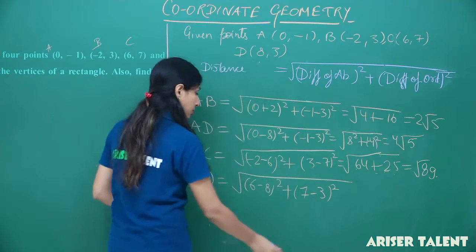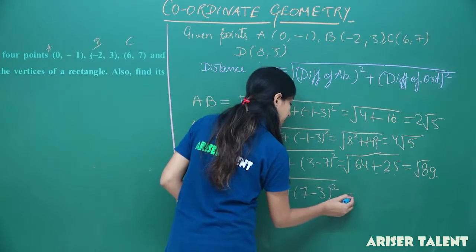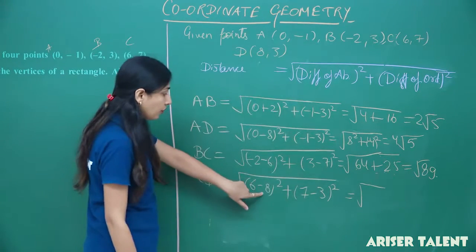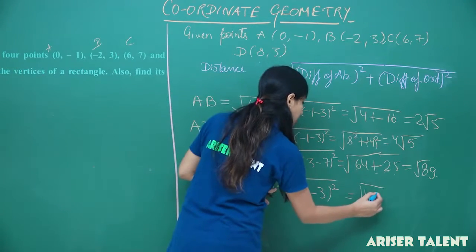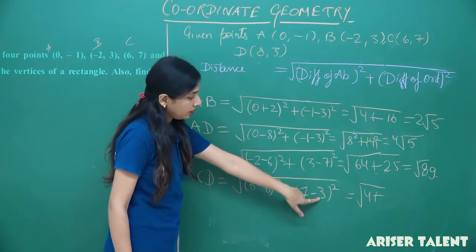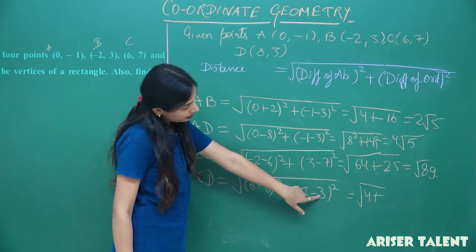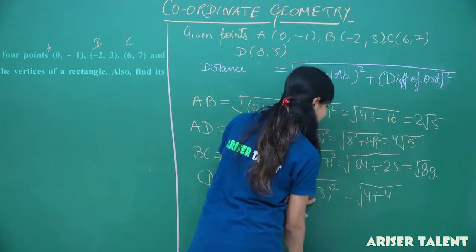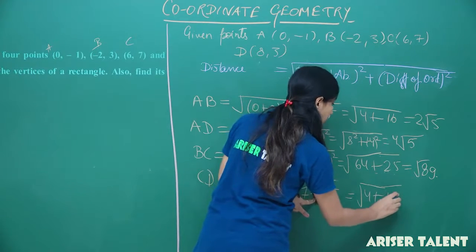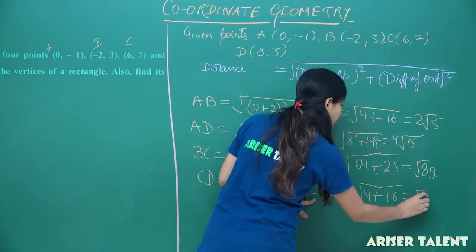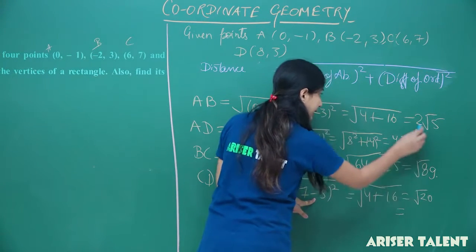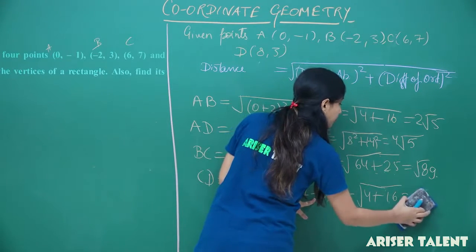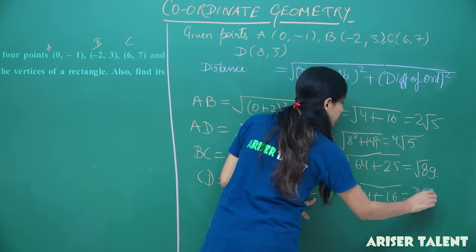so that will be root of 2 squared, that is 4, plus 4 squared, that is 16. So that will be root 20, and root 20 I have got as 2 root 5.